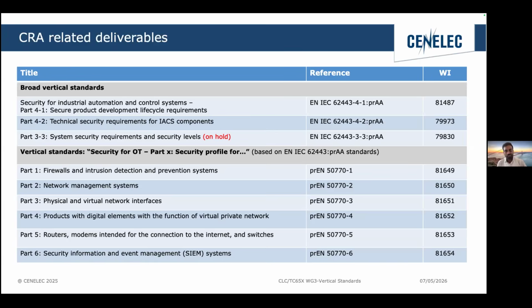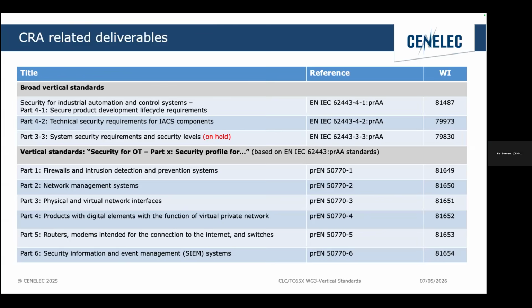This is a tricky question, but currently I think the Commission has given their point of view. I would like to stand with the Working Group 3 point of view that the broad vertical, also the 4-2, also contain an exit set. The group is pushing to get it cited for the default products, but currently it's in discussion and I don't have a concrete answer for this. Work in progress, let's say. Yes, thank you, Yves.